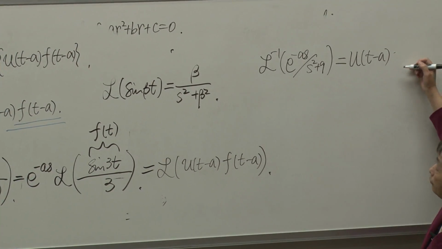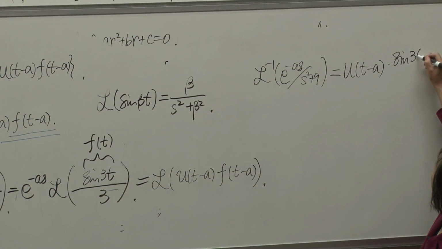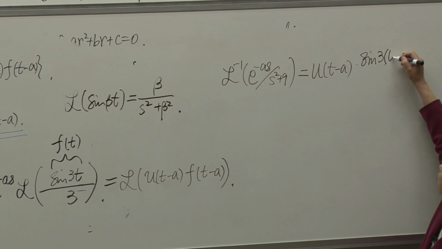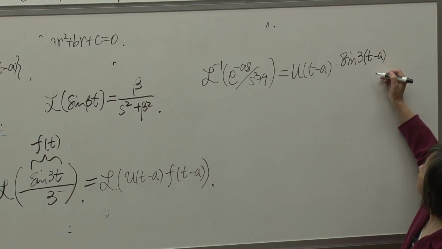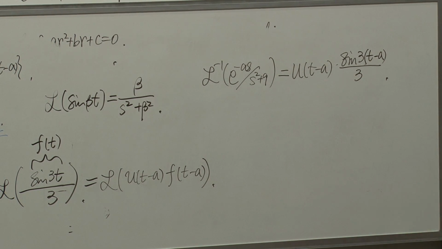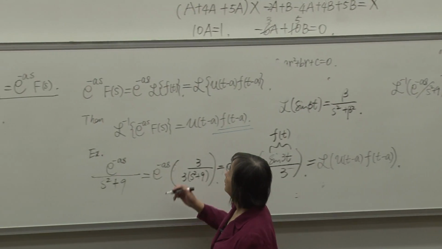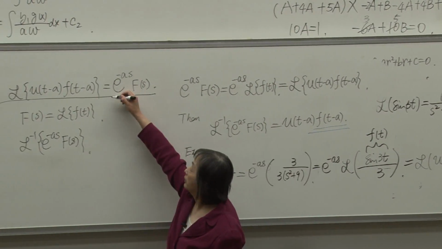Now, f is sine of 3t over 3. We replace t with t minus a, and then over 3. Does this make sense? I know sometimes this formula could be a little bit complicated.